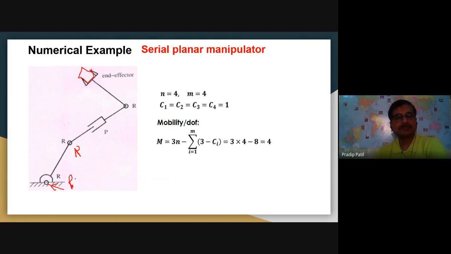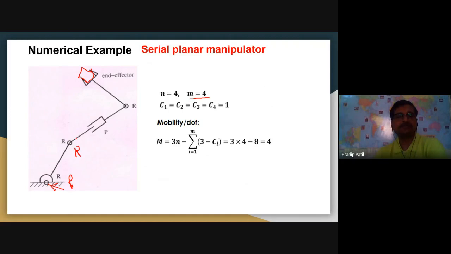So how many joints are present? One, two, three, four. So there are 4 joints. Now let us look at linkage. How many links are present? We can say there are 1, 2, 3, and 4. How do we define a link? You might have a confusion here whether it is 1 or 2.